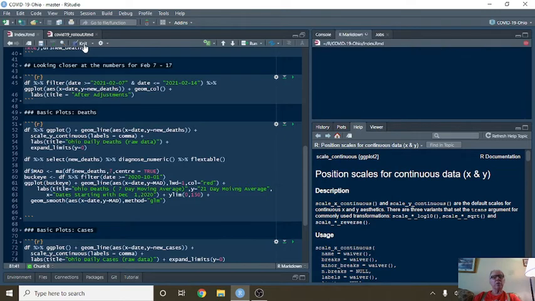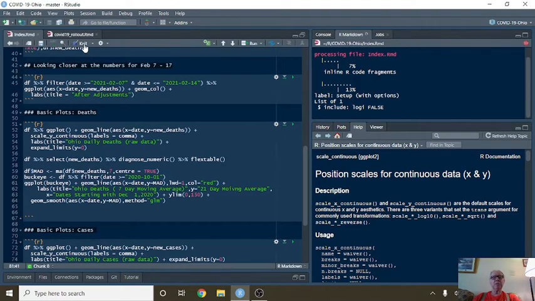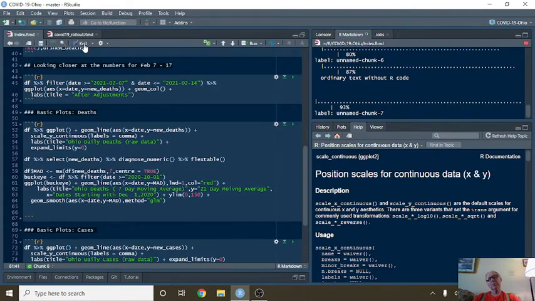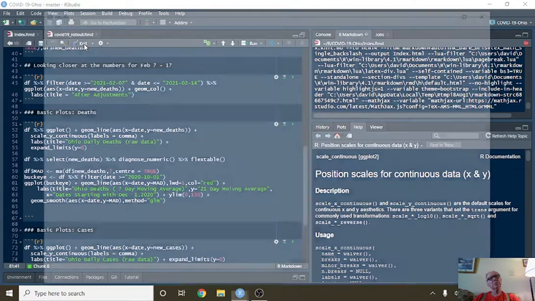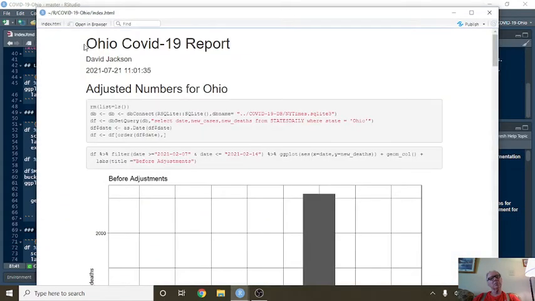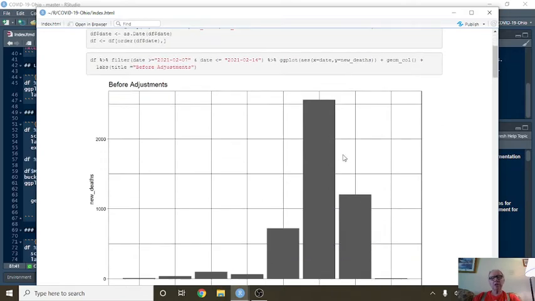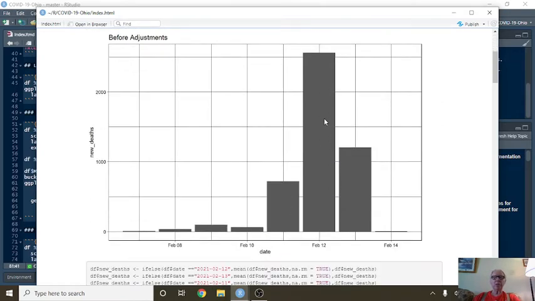Let's go ahead and run a report and see exactly what we got here. So here's the raw numbers. Obviously, we didn't have over 2,000 deaths on February 12th.